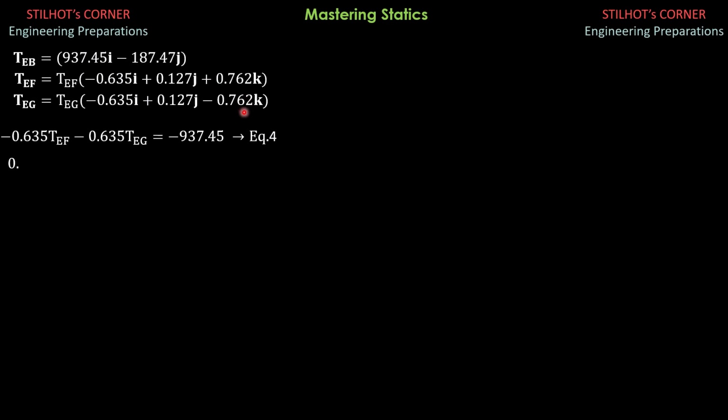So 0.762 tension EF minus 0.762 tension EG equals 0. So solving equations 4 and 5 simultaneously, we get tension EF equal to tension EG, 738.1 kilonewtons.